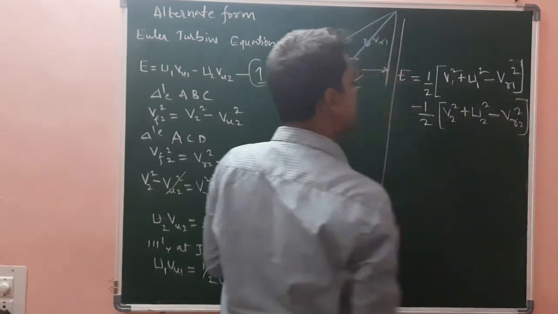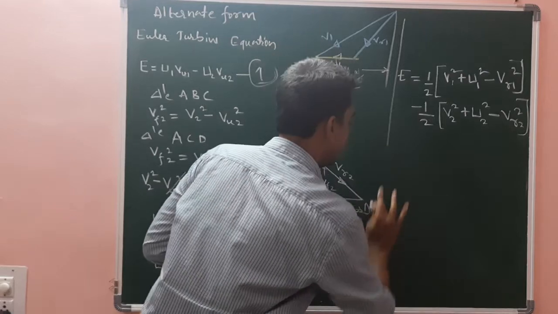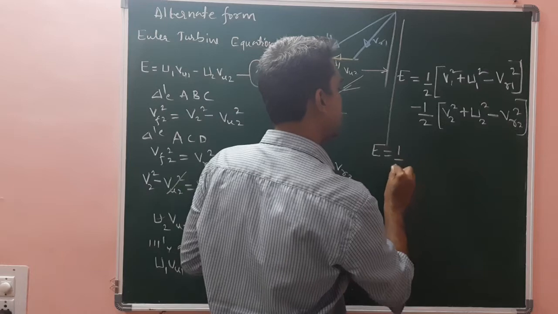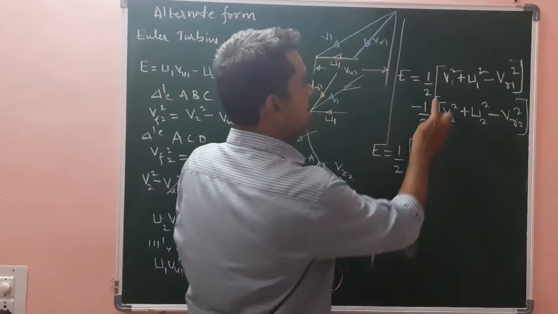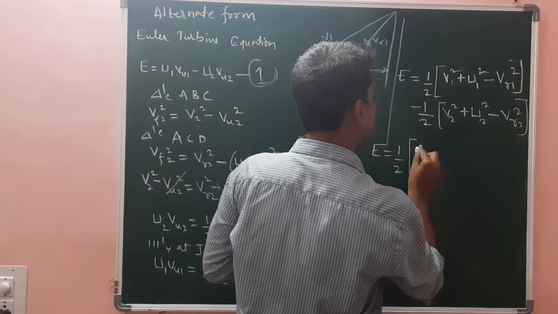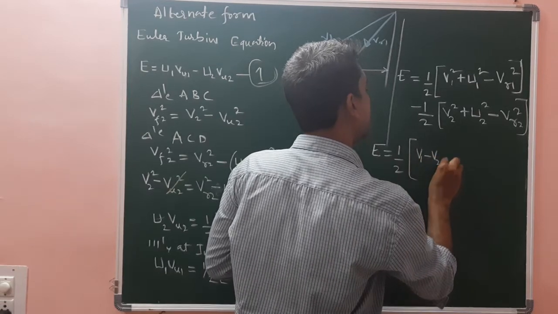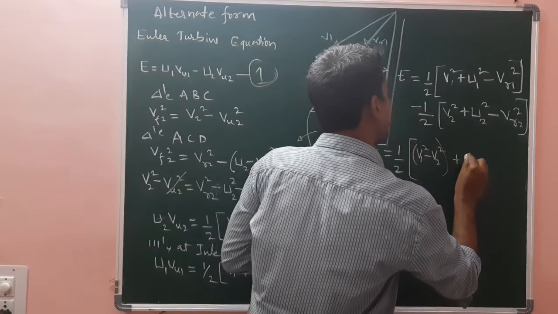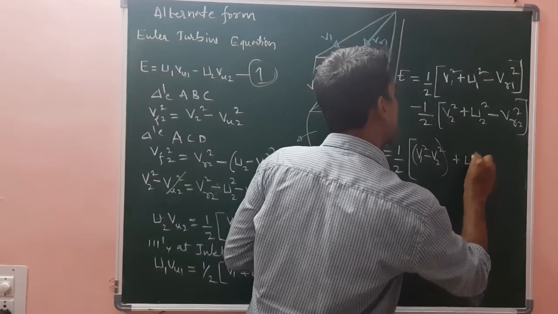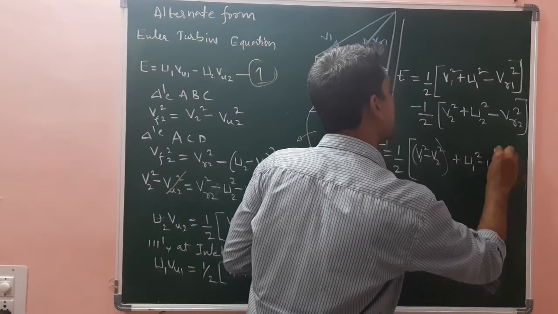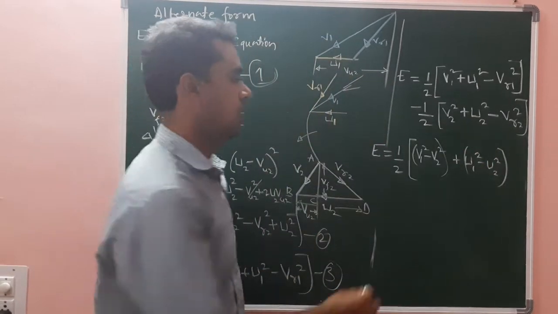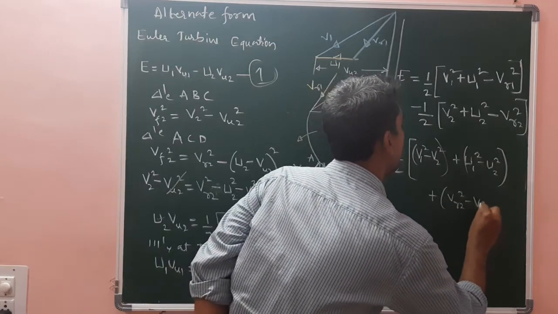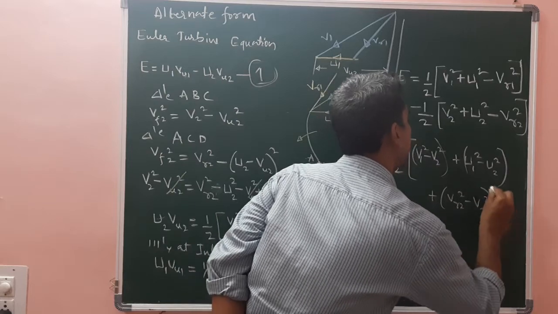This I can simplify and write as: energy transfer E = 1/2 [(V1² − V2²) + (U1² − U2²) + (Vr2² − Vr1²)].